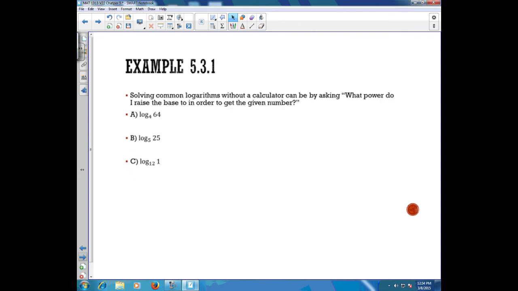We want to solve these logarithms by just asking ourselves, what power do I raise the base to get the given number? So we have log base 4 of 64. So the question is, what power do you raise 4 to get 64? Well, 4 to the third power is equal to 64.